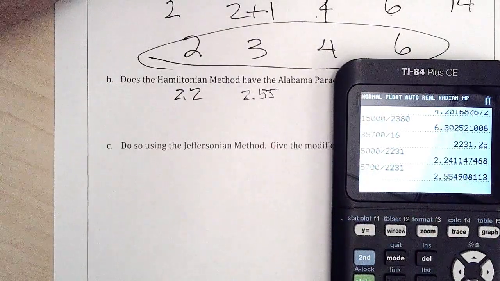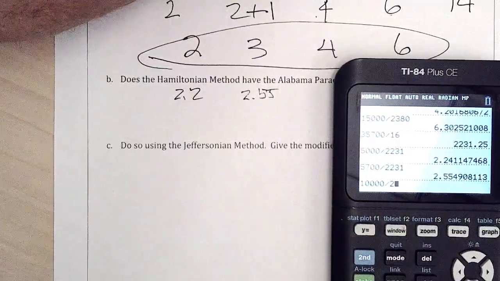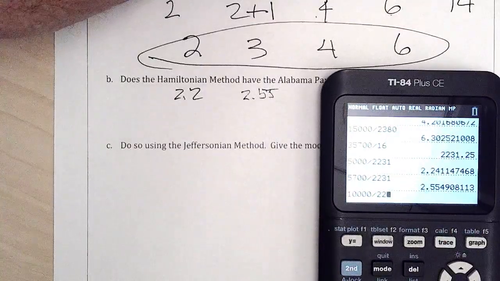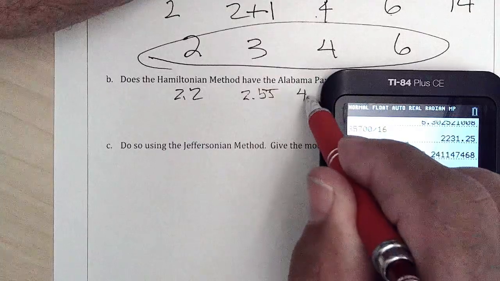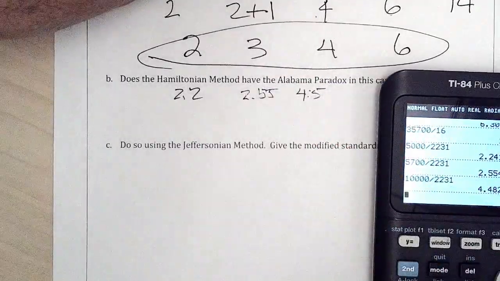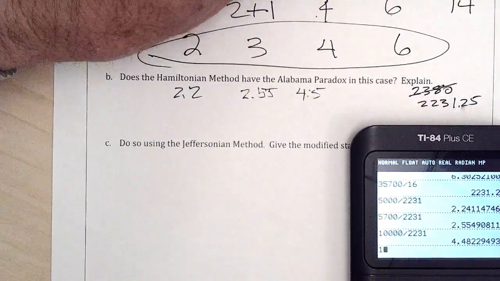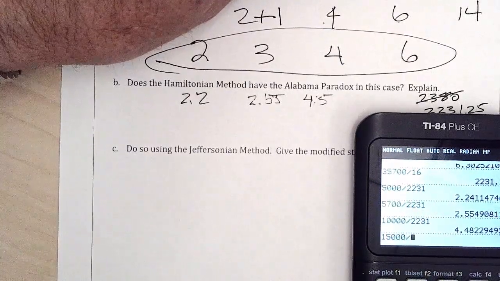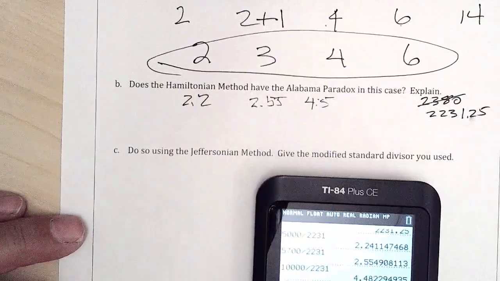If I have 10,000 divided by 2231, I get 4.4, and finally 15,000 divided by 2231, and I get 6.7.